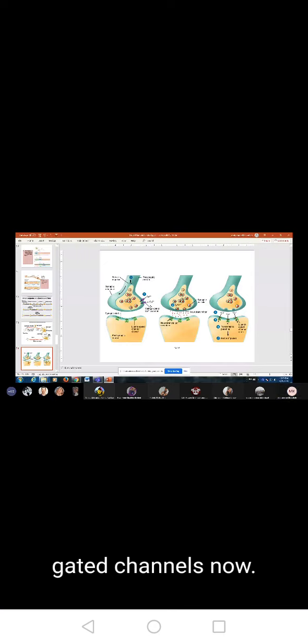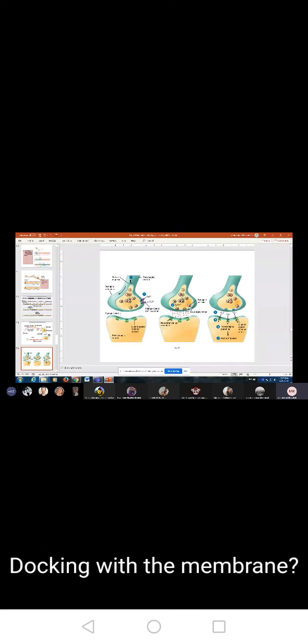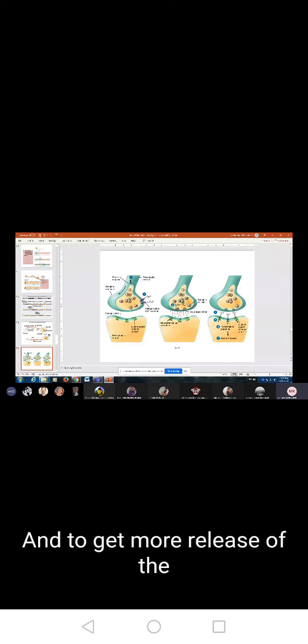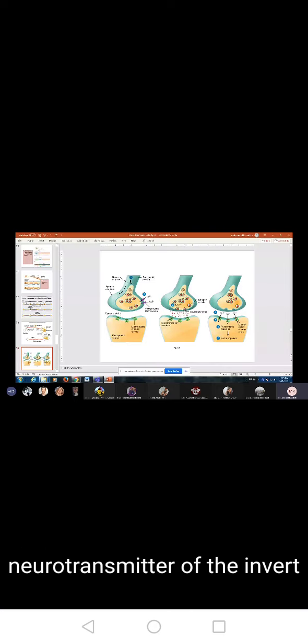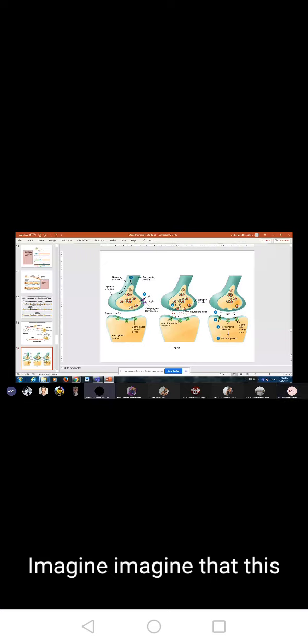Now, what happens actually to get more vesicles docking with the membrane and to get more release of the neurotransmitter in that synaptic cleft? What happens to the vesicles by calcium? Activation of exocytosis. Okay.